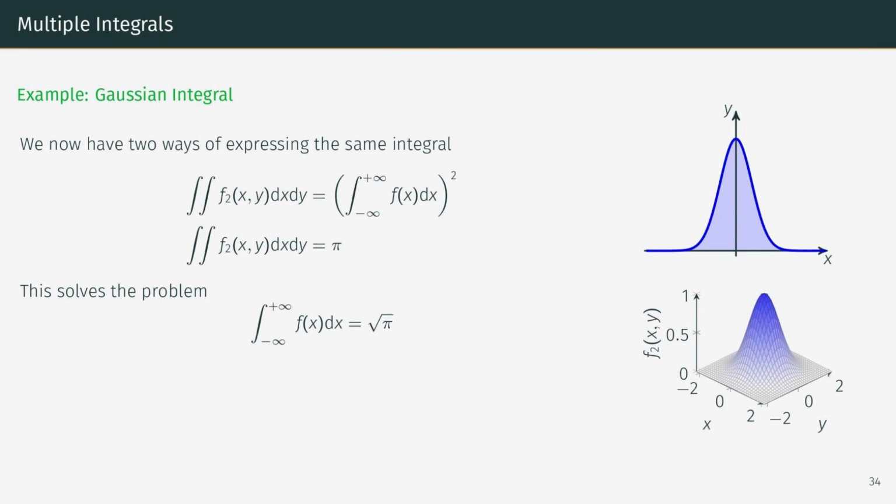And secondly, the double integral of f2 of x, y dx dy is equal to pi. This then allows us to solve the problem, such that the integral of f of x dx from negative infinity to infinity is equal to the square root of pi.